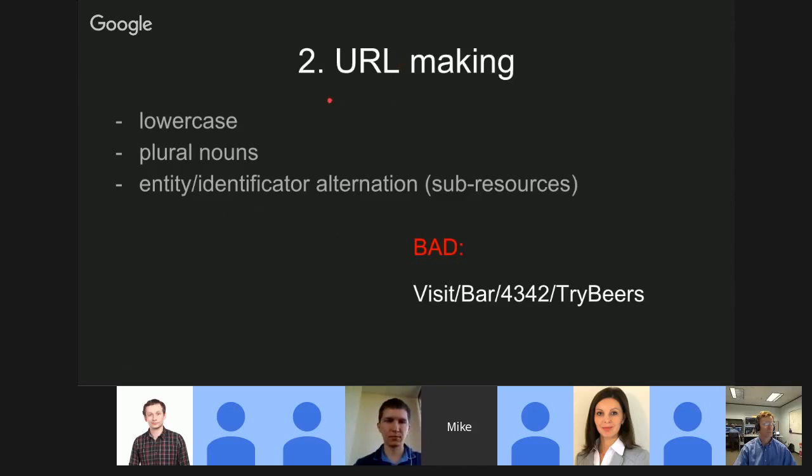The main rules here are to always use lowercase, because some systems can treat lowercase and uppercase differently, and it could just confuse you sometimes. So you should be consistent and use lowercase everywhere.